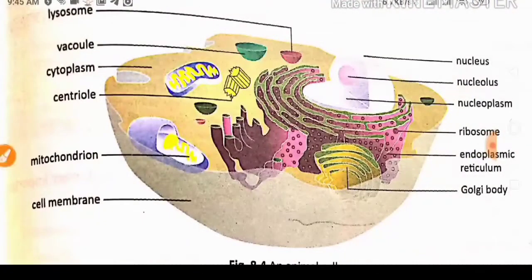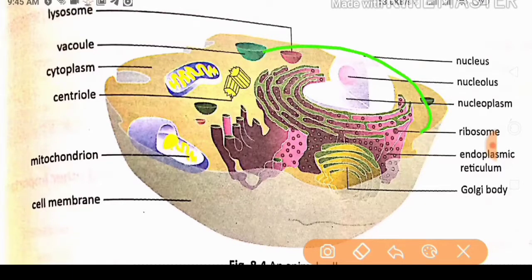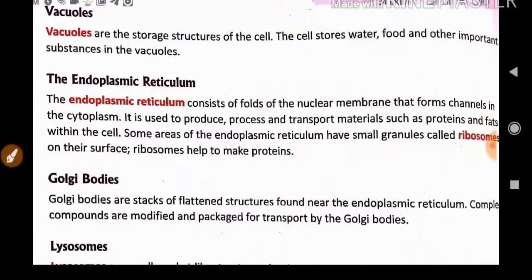So you can see here, this structure is the endoplasmic reticulum, and it is responsible for the production of proteins and fats. Small granules of ribosomes are also found within them, which are responsible for the production of proteins.